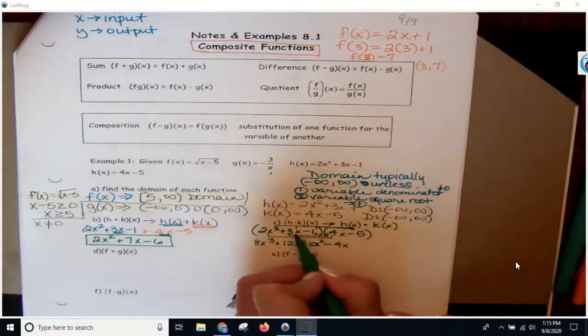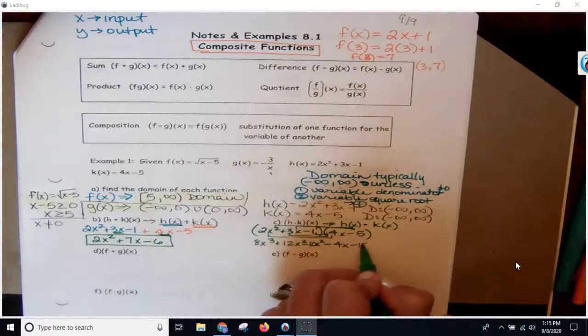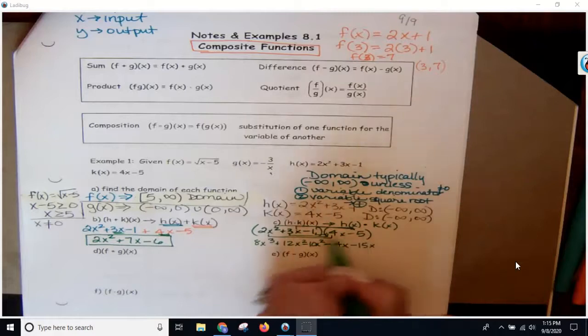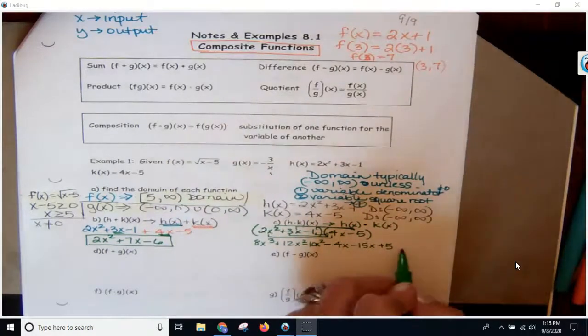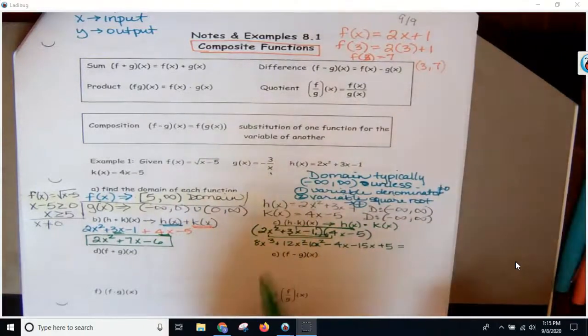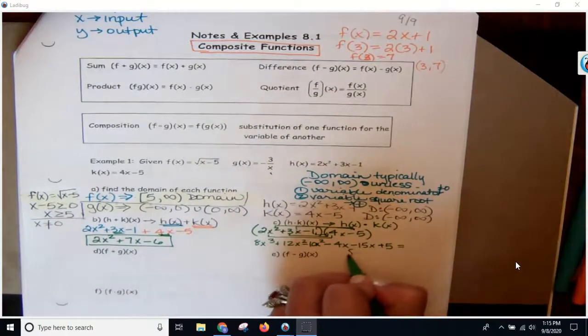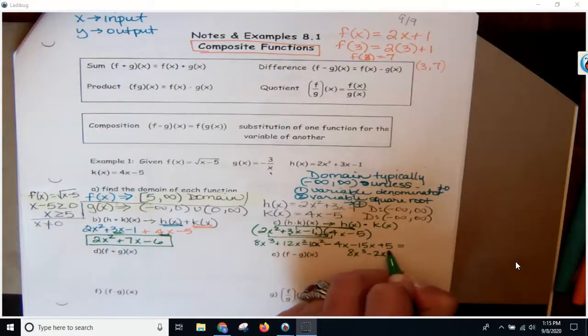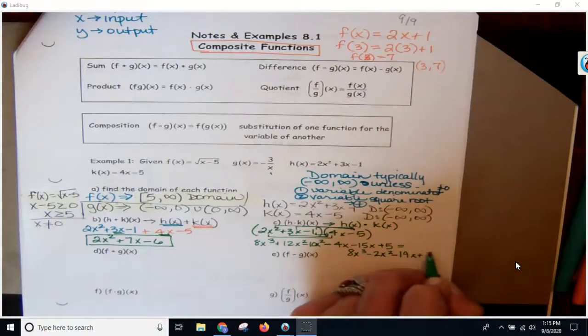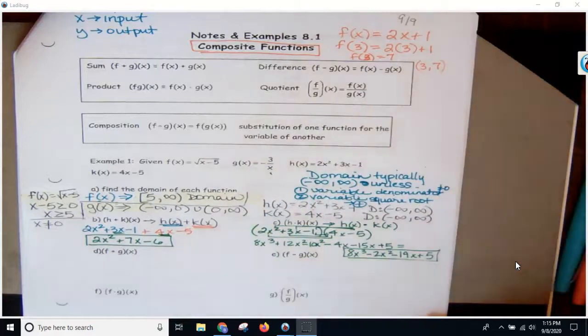Negative 5 times 3x is going to give me negative 15x. Negative 5 times negative 1 is going to give me positive 5. So when I combine all my like terms, I'm going to end up with 8x cubed minus 2x squared minus 19x plus 5. So there's your two functions multiplied together.